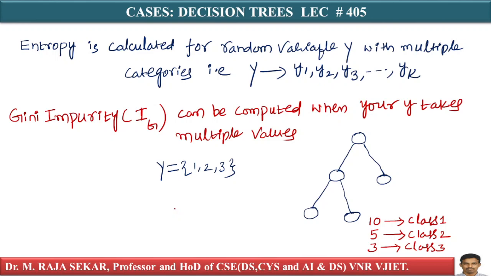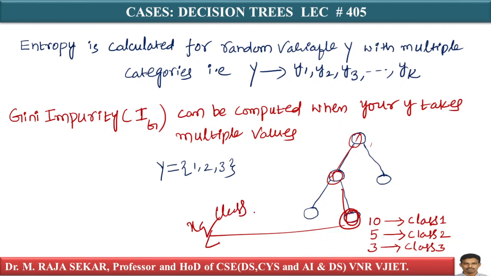Which one is the majority? If a query point xq reaches this node, then I will say the class label.